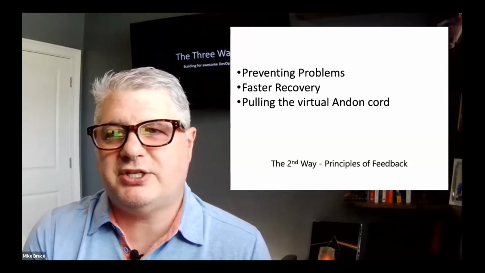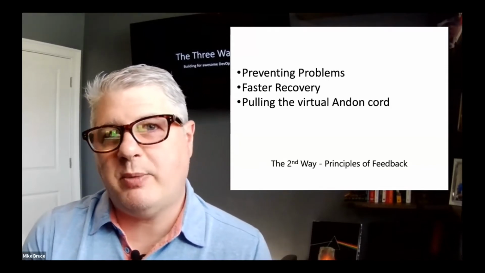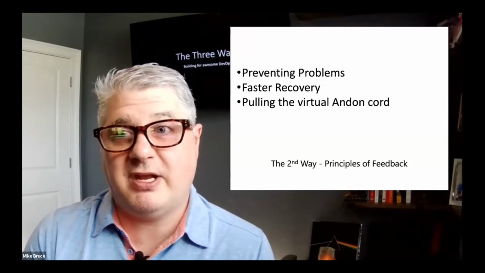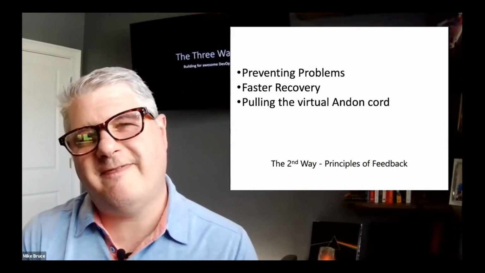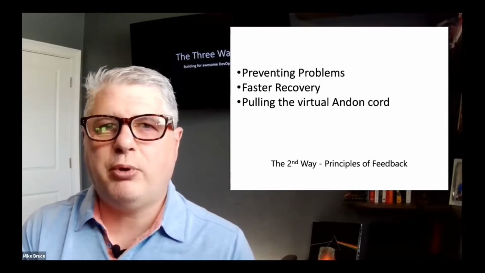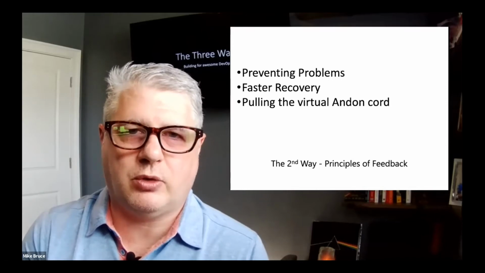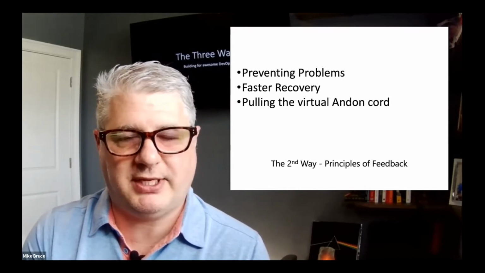In a nutshell, there are three main things in feedback: how do we prevent those problems, so we can get feedback on that; how do we recover faster when we have an issue; and then of course, pulling the virtual Andon cord. Now, if you're not familiar with an Andon cord, I'll show you in a second what that is.